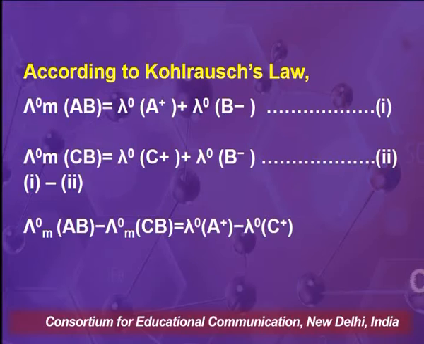We can subtract the two to get the difference in the molar conductivities of the electrolytes AB and CB to be equal to lambda naught A plus minus lambda naught C plus.